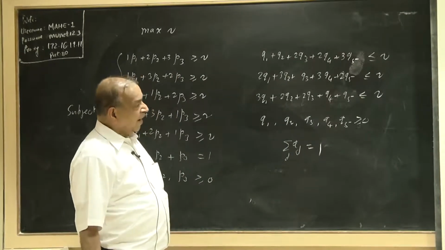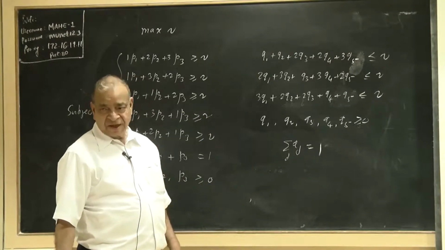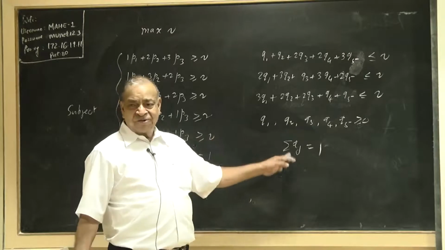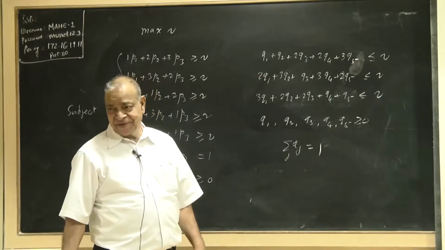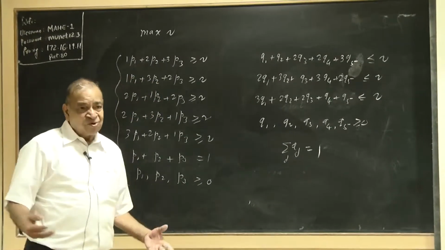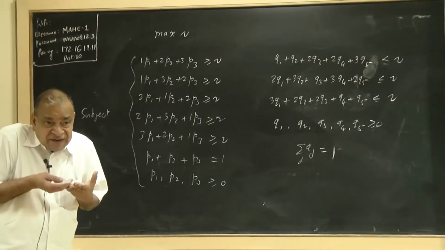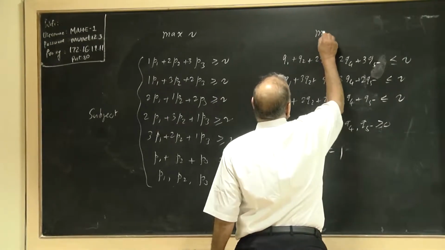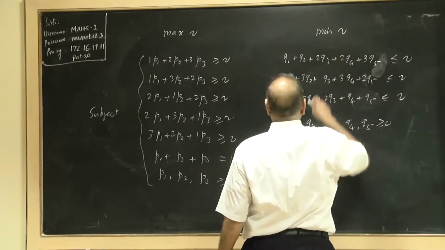Okay? I could as well put V equal to 10,000 and choose any non-negative Q summing to 1, and it will automatically be satisfied. That's no good. What I want is that V to be minimum. So I want to minimize V subject to these constraints.